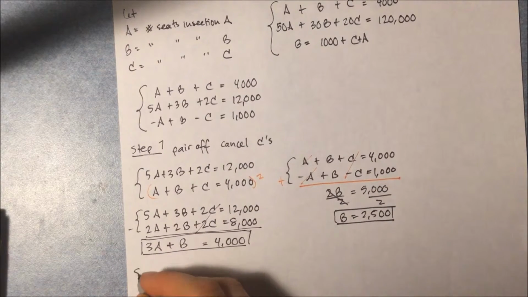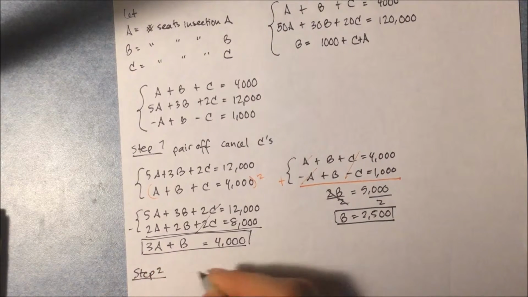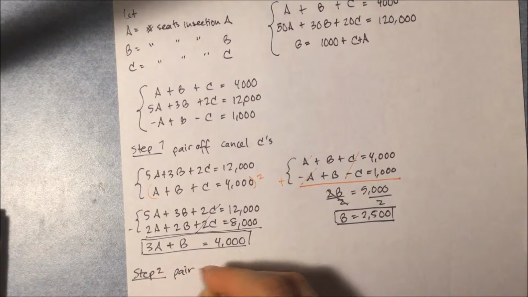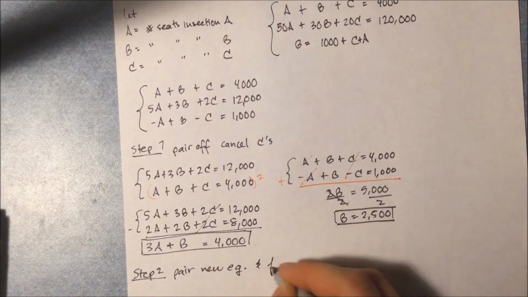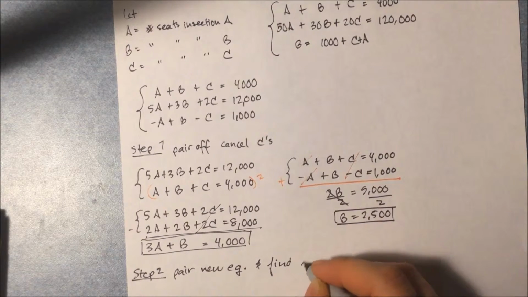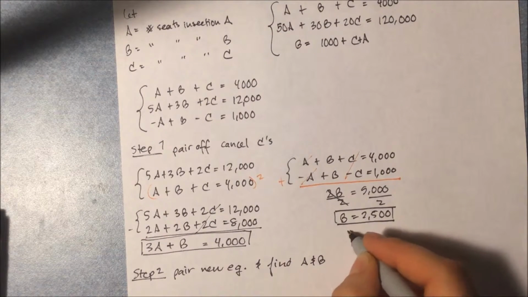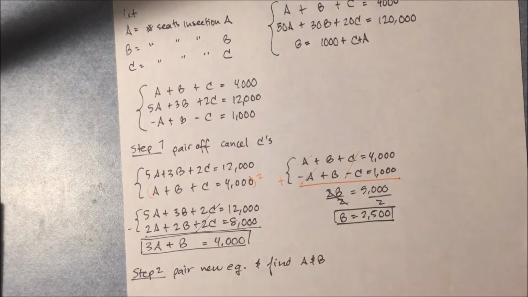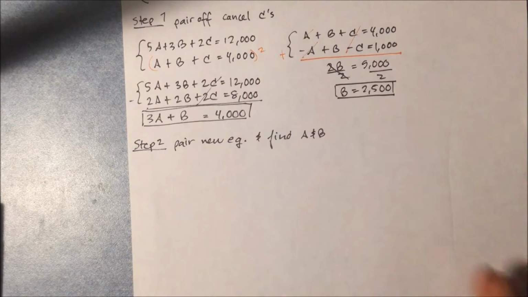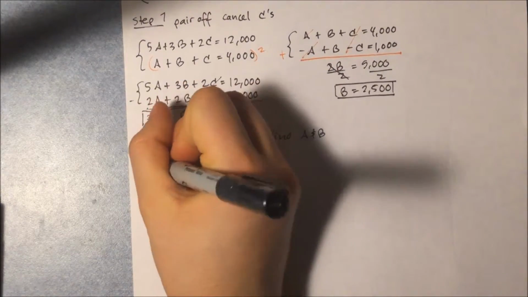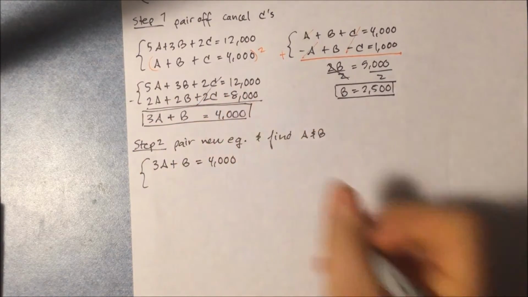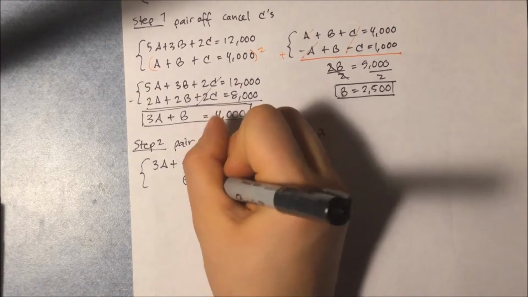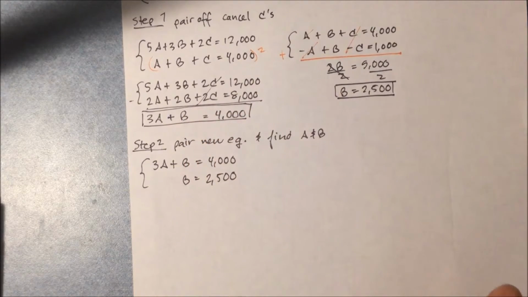Okay, so step 2 of our plan is pair the new equations and find, in our case, A and B, even though we have already found B. Okay. So my new system is 3A plus B equals 4,000 and B equals 2,500.